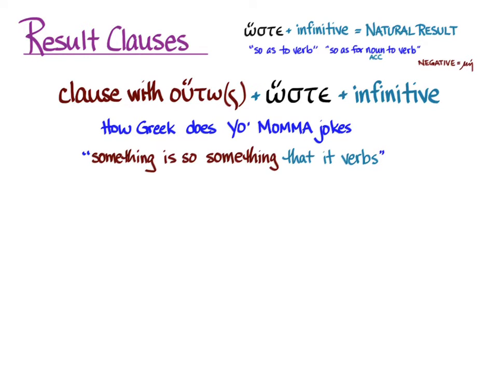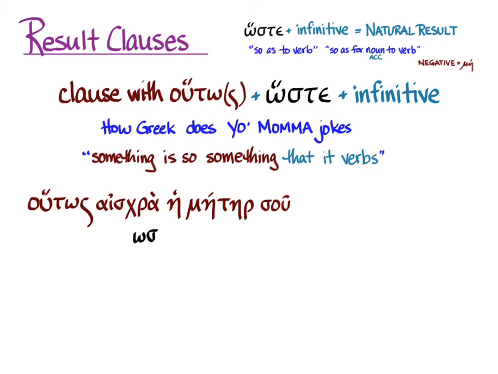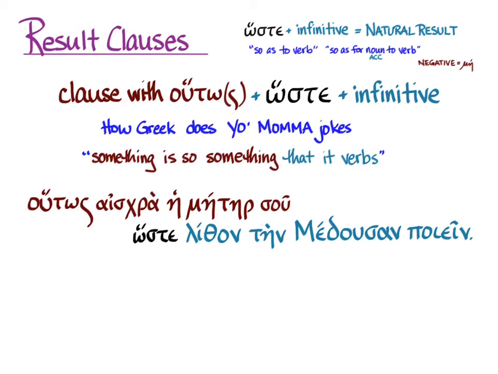So let's look at an example in Greek. Houtōs aischra hē mētēr sou, hōste lithon tēn Medousan poiein. Or in English, your mama is so ugly, houtōs aischra. How ugly is she? Hōste lithon tēn Medousan poiein.